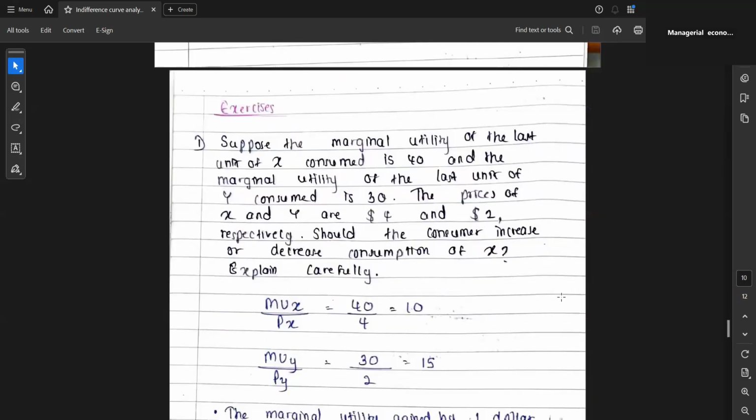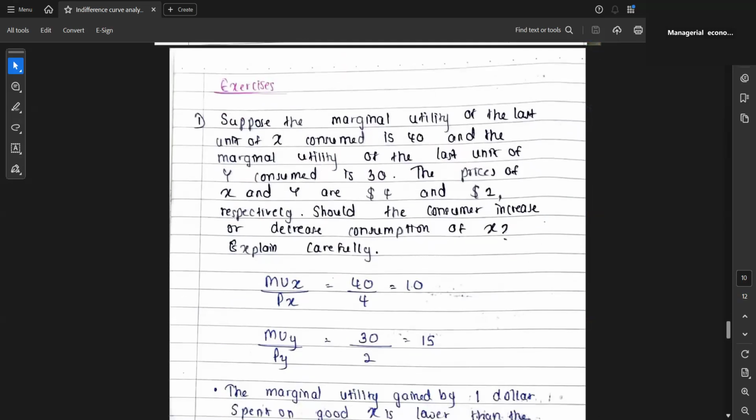So let's go to the exercises. Suppose the marginal utility of the last unit of X consumed is 40 and the marginal utility of the last unit of Y consumed is 30. The prices of good Y and X are $4 and $2 respectively. Should the consumer increase or decrease consumption of good X?